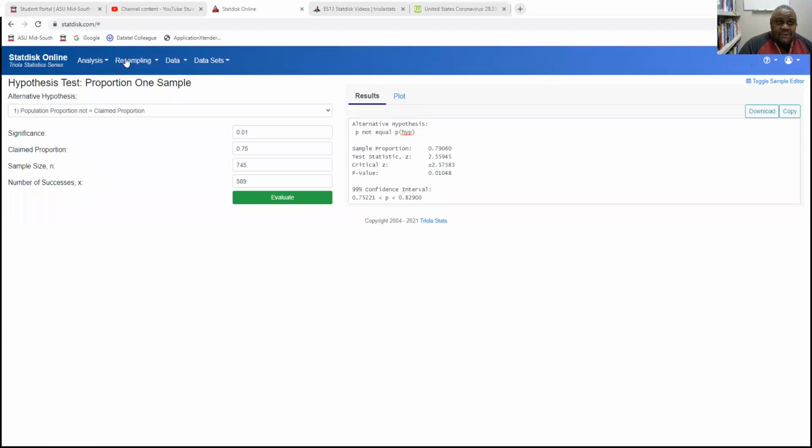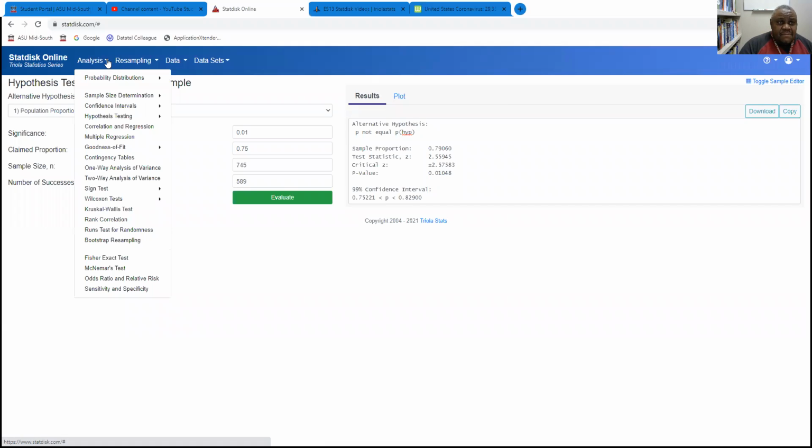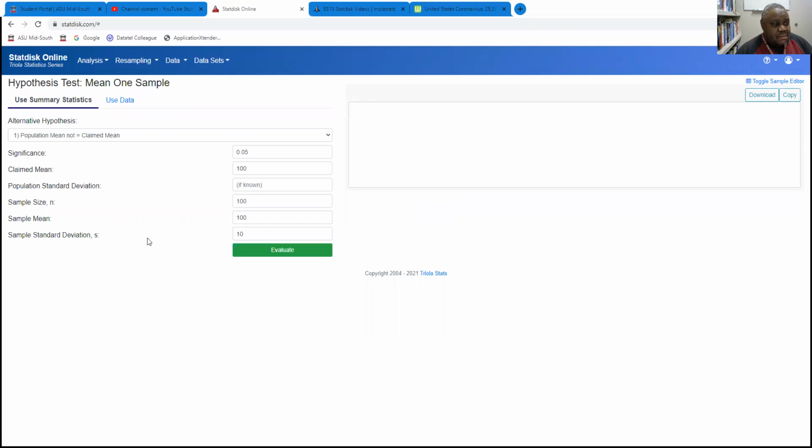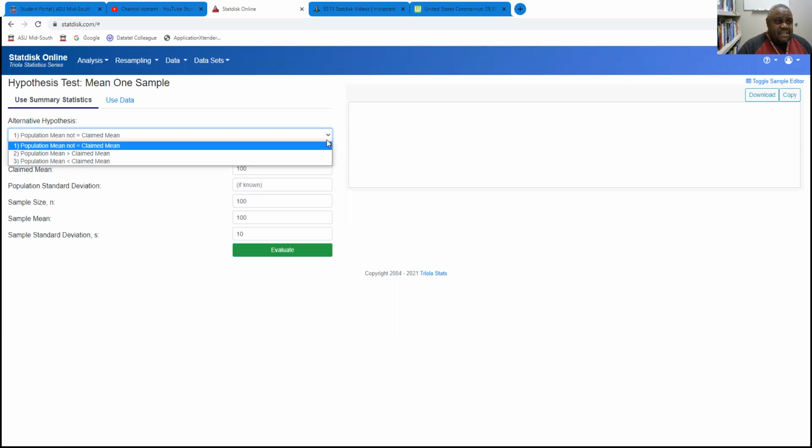All right, in this case here, go to Analysis, go to Hypothesis Testing. This time, you're going to select the one that says Mean One Sample, because for now, we're only dealing with one sample. So you want the mean one sample. Click on that. All right, so now, first of all, we need to choose one of these three options here.